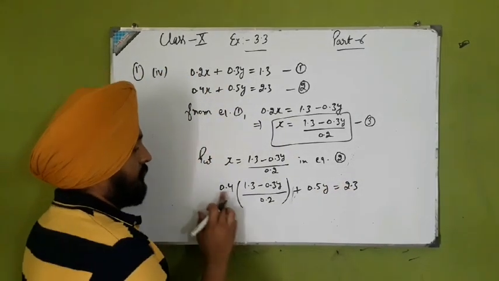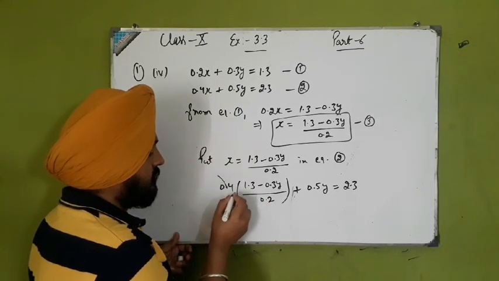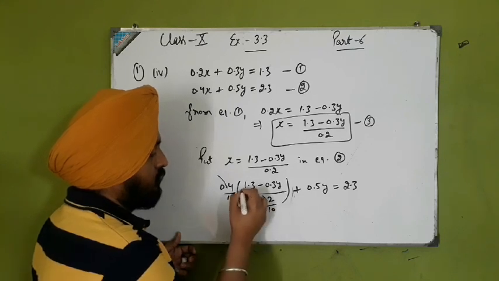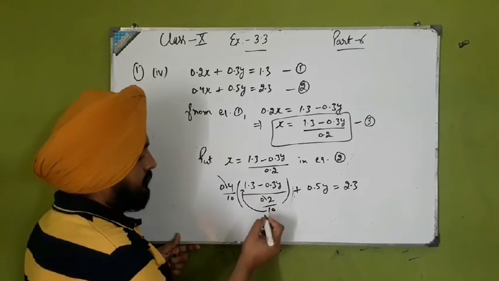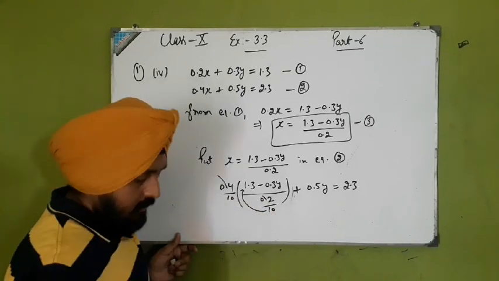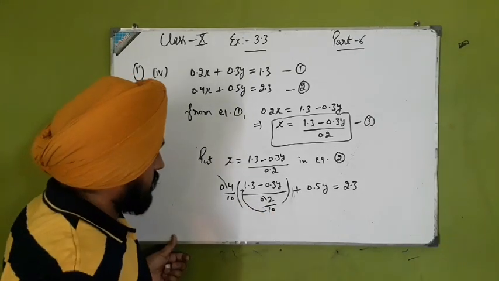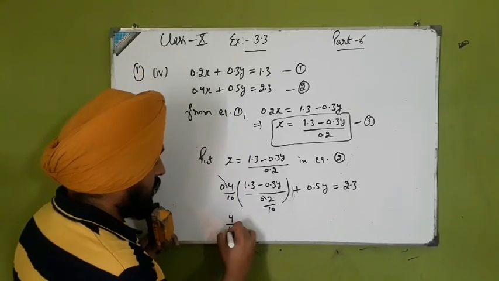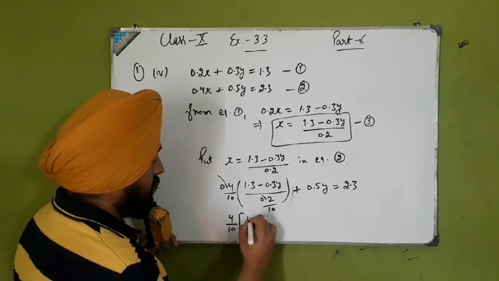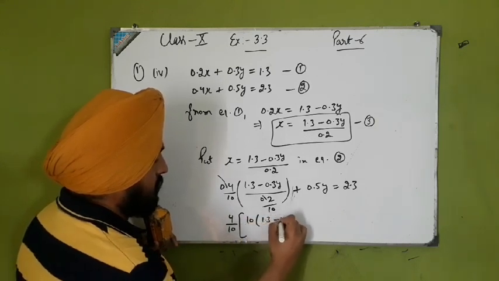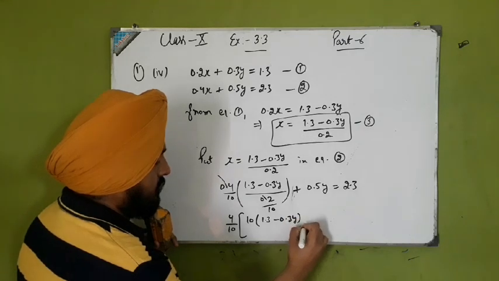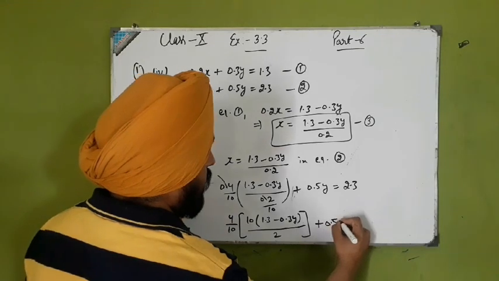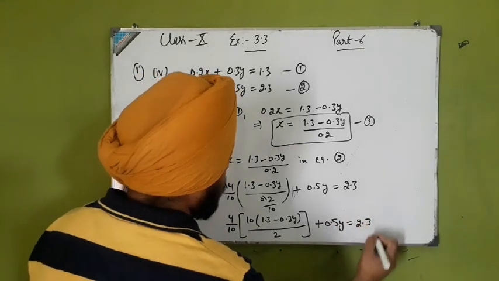Now you have to solve it. It can be written as 4 over 10 and 2 over 10, this 10 will go to the numerator, then this 10 will cancel with 10 there. In the next step, 4 over 10 in the bracket, 10 times 1.3 minus 0.3y over 2, plus 0.5y is equal to 2.3.